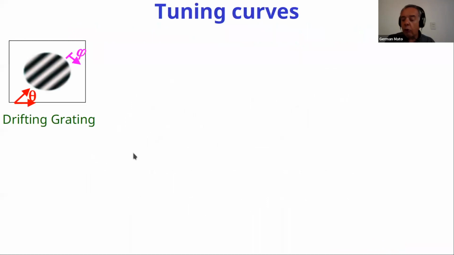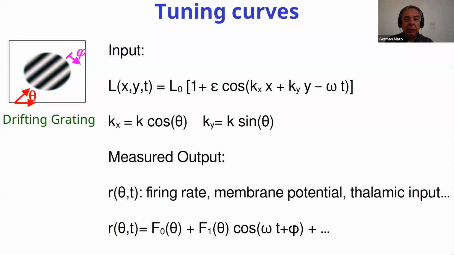The stimulus can also be, instead of a bar, a grating characterized by some average luminosity, contrast, wavelength, angle, and velocity. So this is the expression that we'll use for the luminosity field.